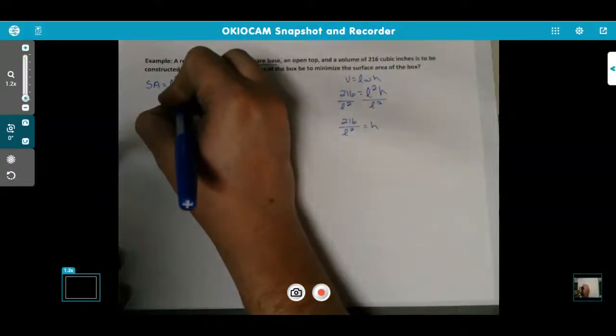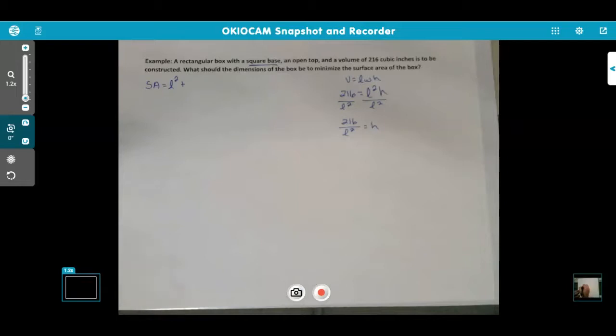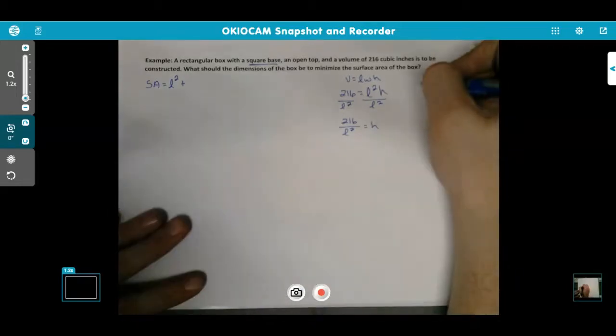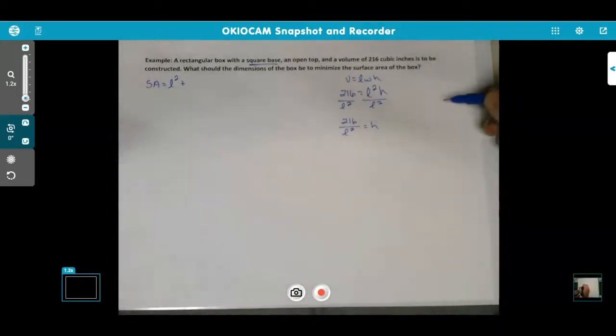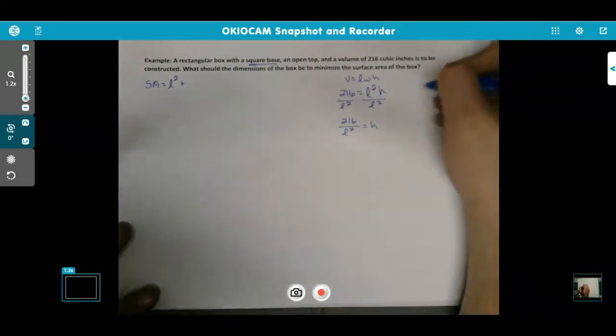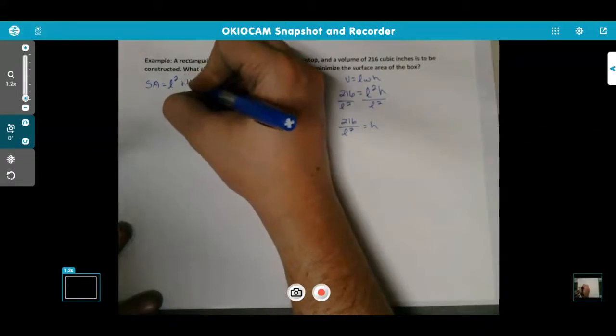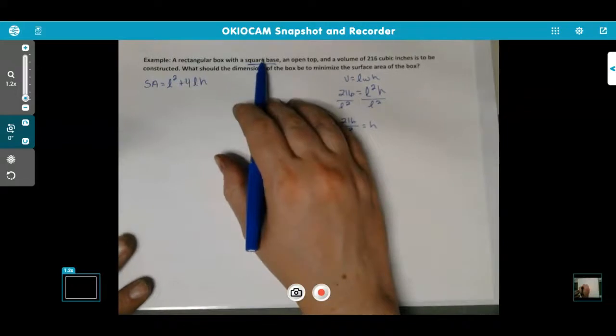My next side is going to be whatever my length times my height is. But remember, it's a square base, which means all 4 of the sides on the outside are going to be the same thing because it's a square base. So all 4 of them are going to be my length times my height. Again, because it's a square base.